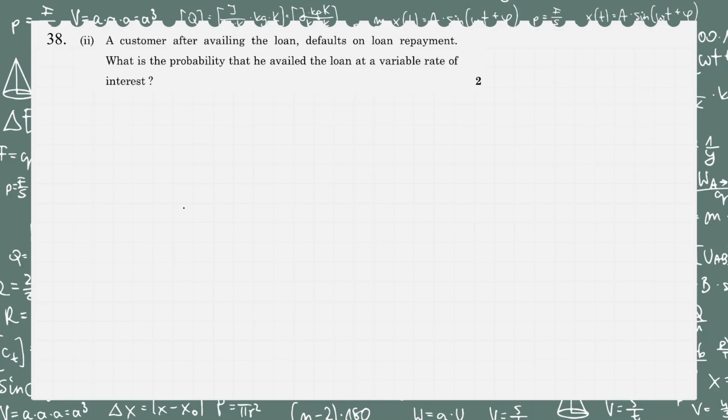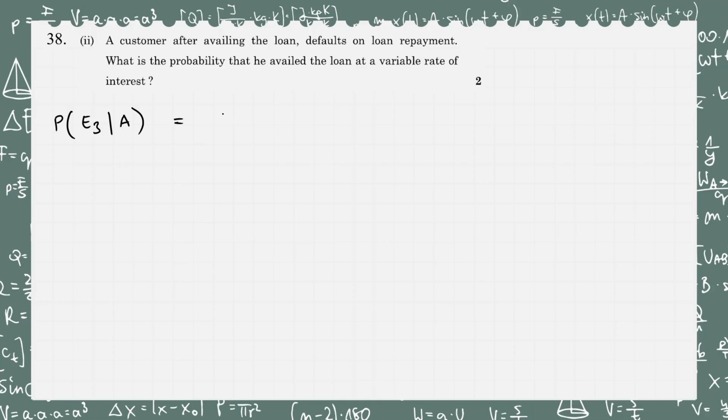So we are going to find the reverse probability, with variable rate as the E3 event. Here we know that the person already defaulted, I mean the A event has already happened. In that particular situation, what would be the chance of E3 happening?